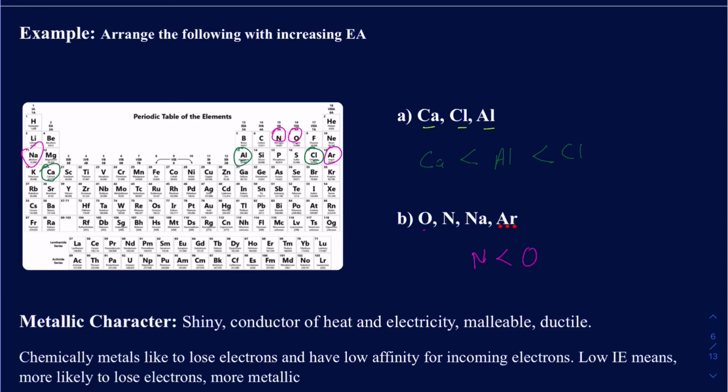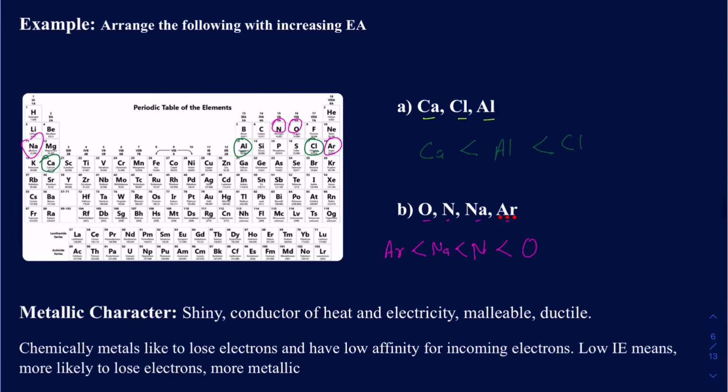And then between argon and sodium, argon is going to have less electron affinity because it's a noble gas. So argon is going to be way right here, and then sodium is going to be higher electron affinity, and then nitrogen is going to have higher electron affinity than the sodium, and obviously the oxygen is going to be the biggest in this particular case. Okay, so that's how we're going to be looking at electron affinities.